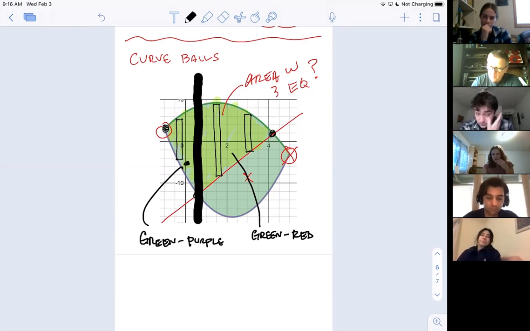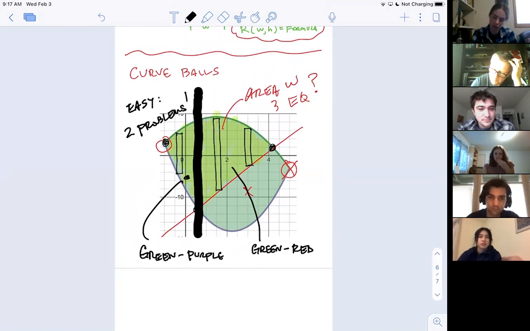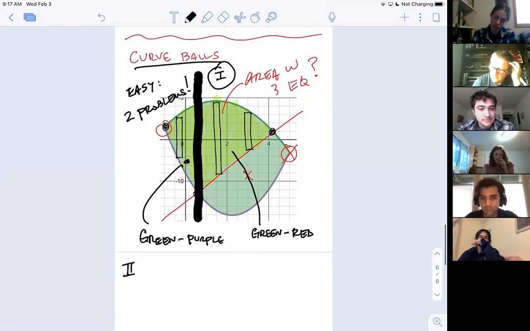Second thing that I'm not going to answer today is easy. 2 problems. So this is the first curveball. What about the second curveball?